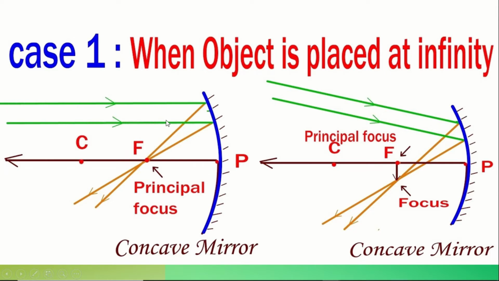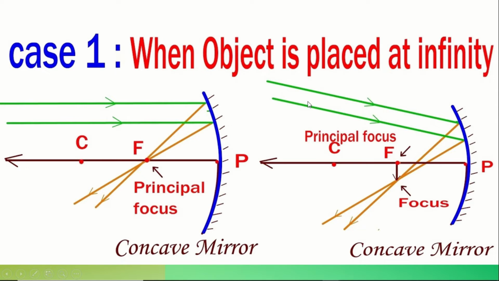So the question is, when the object is placed at infinity, the ray coming from the farther object, or the light, falls on the concave mirror, and after reflection it coincides on the principal focus, that is, the image forms on the principal focus. Here in the second diagram we can see clearly that the object is placed at a far away position, that is at infinity.